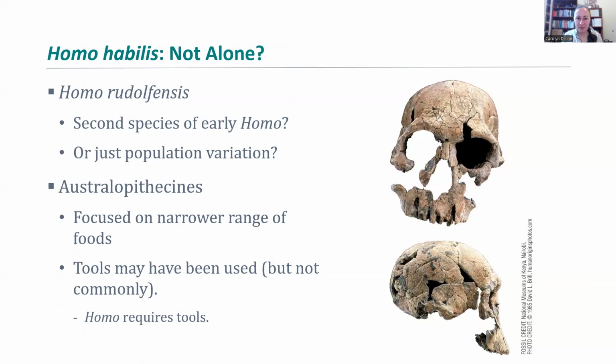So think about it this way. If you found, of the modern Homo sapiens population, let's say you found a person who was biologically female, 5 feet tall, and very gracile, very thin.